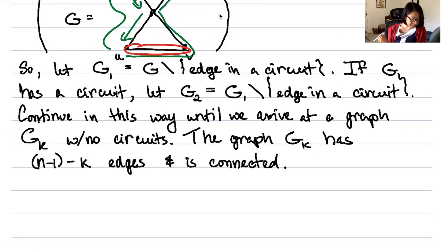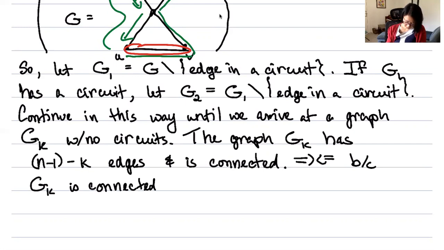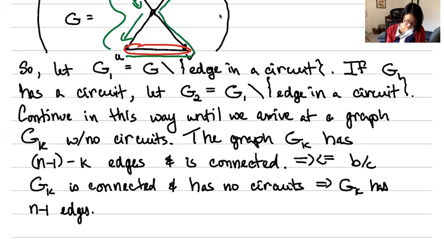But now this is a contradiction. This is a contradiction because GK is connected and has no circuits, so by the previous theorem, it must be that GK has n-1 edges, but because we started with n-1 edges and we removed some, we have fewer than n-1 edges, okay?